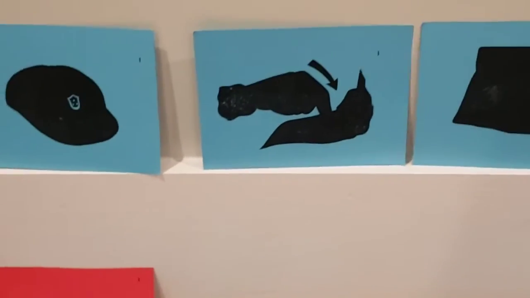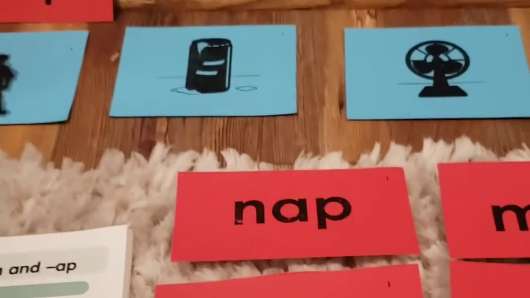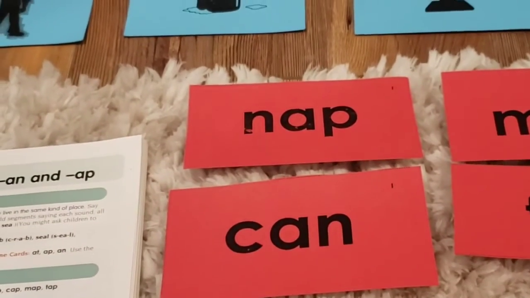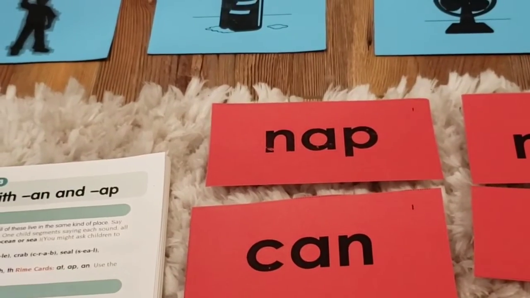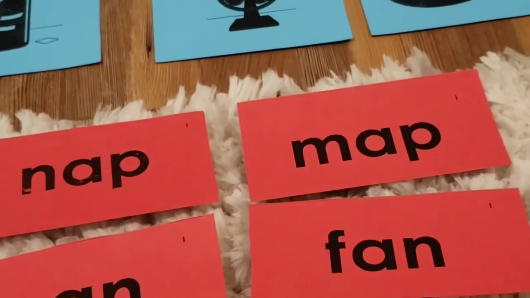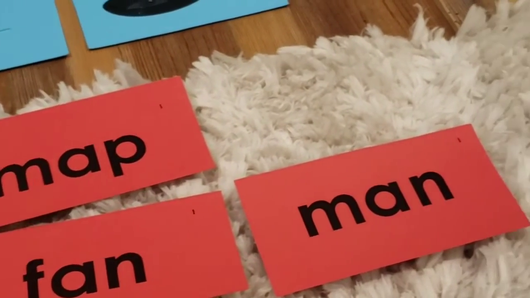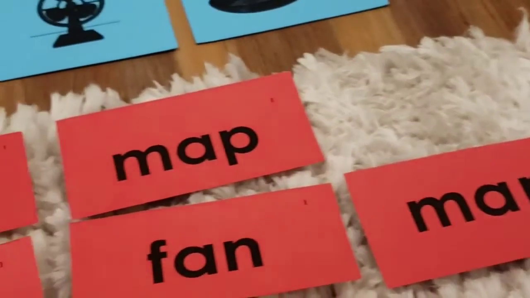Next, I am going to look for the word tap. So if you're stretching out tap at home, kind of like we just did with our word stretching warm-up, you stretch out the word tap and see what you hear first. See if you can find a word that begins with that sound.